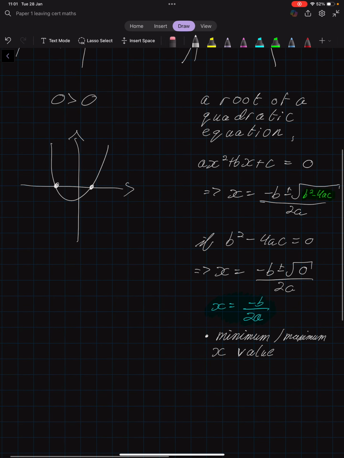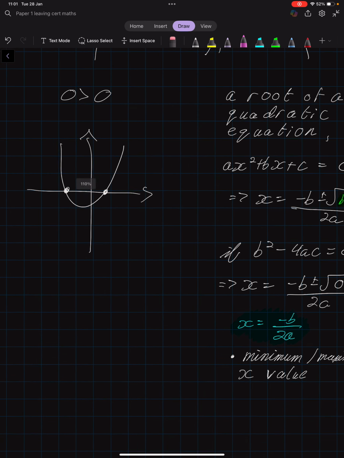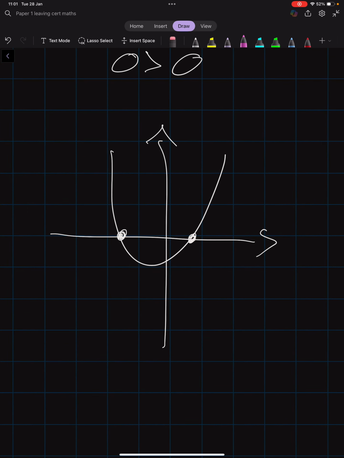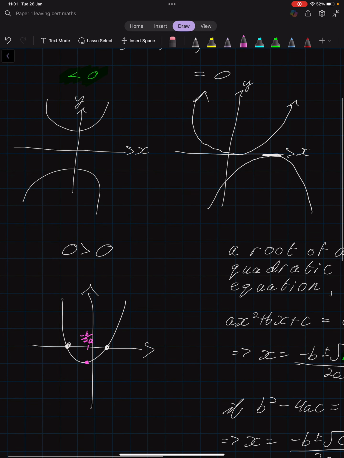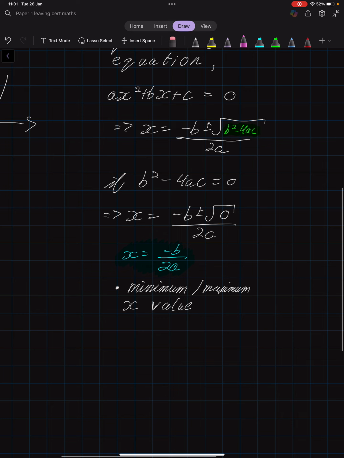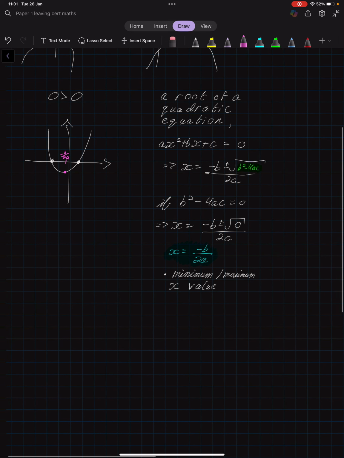If you look at this graph here, that would be your minus b over 2a. It's either your minimum, or in this case up here, your maximum. That's another thing to know about the minus b formula.